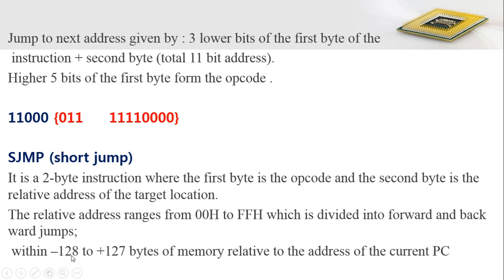This short jump permits a jump of 128 bytes backward and 127 bytes forward, a total of 256 bytes relative to the current location.